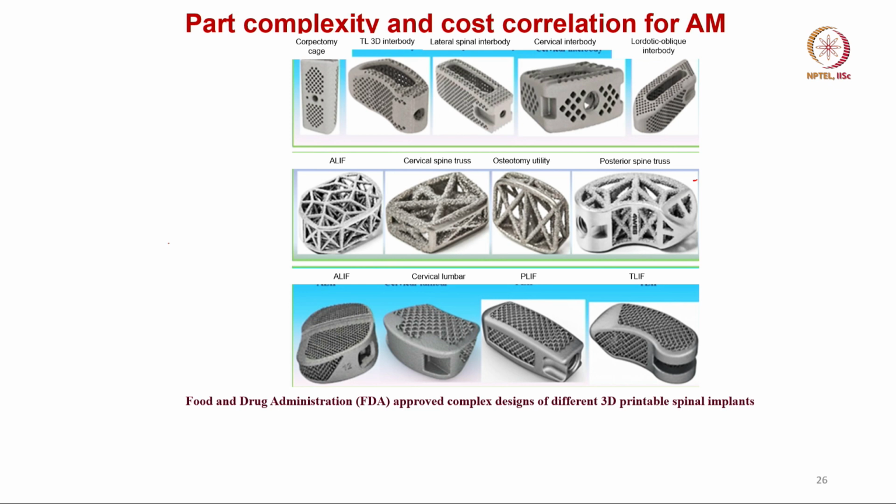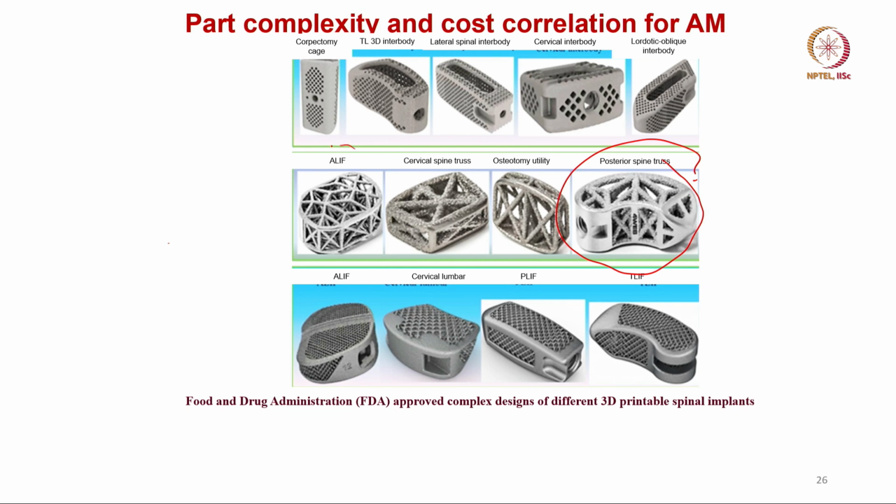Now, these are US FDA approved complex designs for 3D printable spinal implants, right. And you can see that there are different components, for example, the posterior spine truss here, and how the different struts are connected to each other.